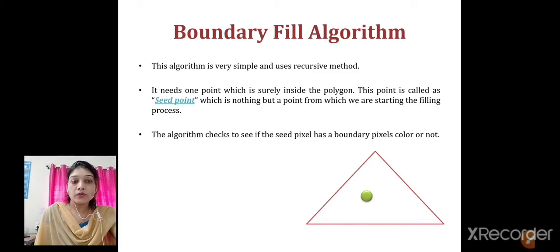So how are we going to find it? Now we start with the seed pixel that I am calling the seed point. I will check whether this point has the color of the boundary. Here the color of the boundary is brown, so this current pixel does not have the color of the boundary. So what do we have to do here?